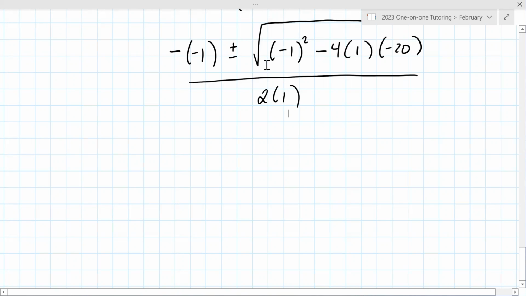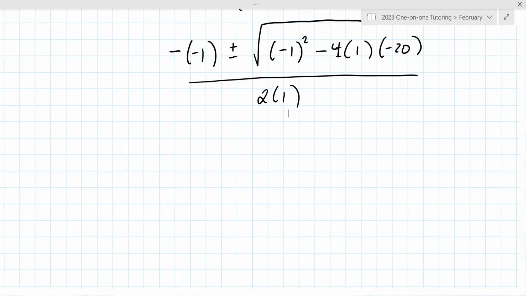Can you tell me what this becomes? Just the part under the square root: -1 squared minus 4 times 1 times -20. What does that reduce to? 1 squared is just 1, right? That's right.